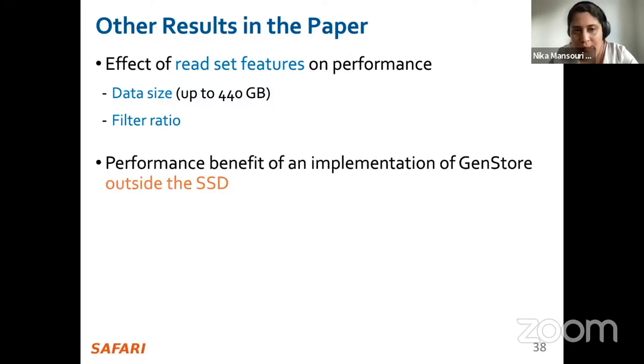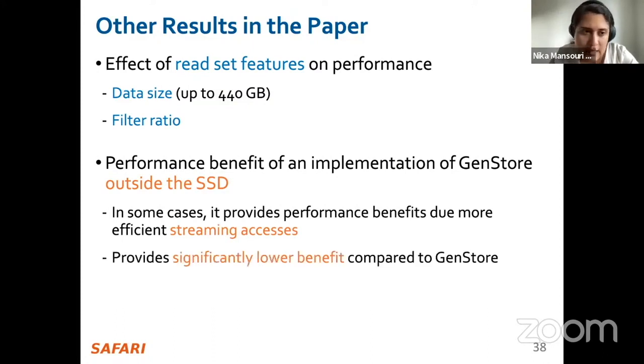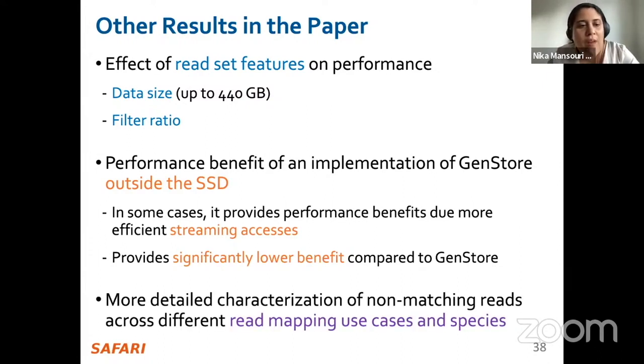Also, performance benefits of an implementation of GenStore outside the SSD. We show that in some cases it provides performance benefits due to more efficient streaming accesses, but it provides significantly lower benefit compared to GenStore inside the SSD. And we also provide a more detailed characterization of non-matching reads across different read mapping use cases and species.